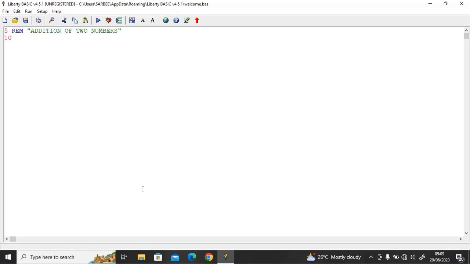In this I'm going to make this program interactive. That is, it will accept input from the end user. It's going to allow you to type something from the keyboard and you press enter, you see your result. We are adding two numbers together here, so we need two variables.